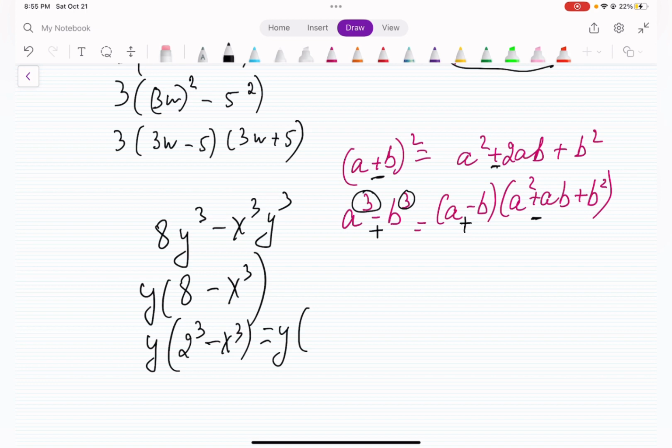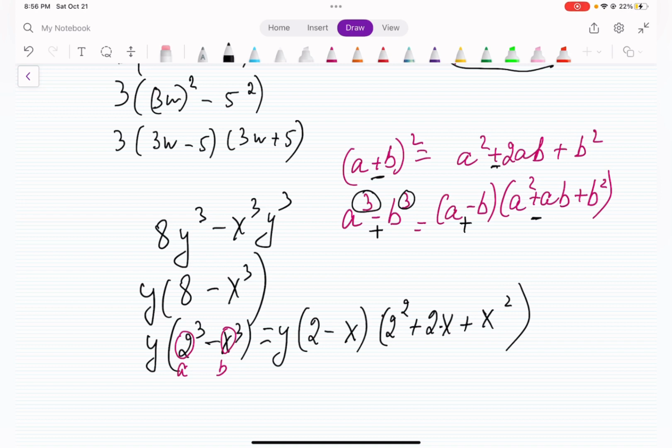And we have a minus b, which is going to be 2 minus x, because this 2 is my a, x is my b. Okay, 2 minus x, and then second parenthesis, a squared, which is going to be 2 squared, plus ab, which is going to be 2 times x, and plus b squared, which is going to be x squared. Okay? And that is the answer.